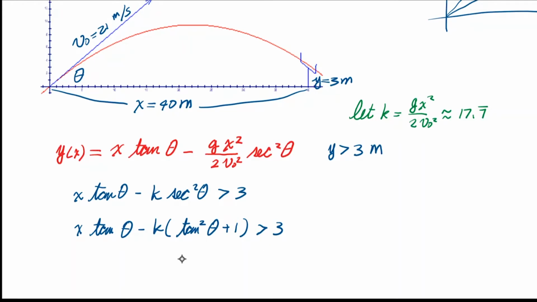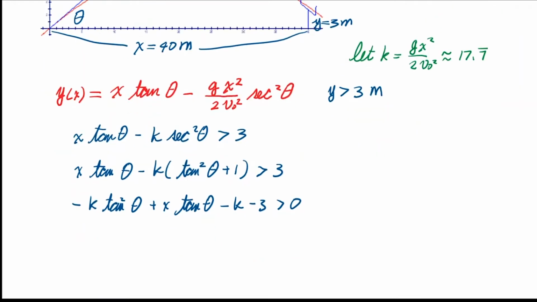Then do you see negative k tangent squared theta plus x tangent theta, and then minus k. Bring 3 over, minus 3 is greater than 0. Say yes. This is ugly, right?